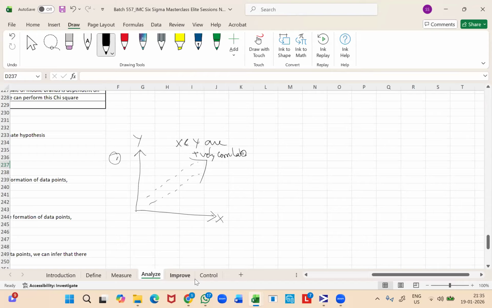What are the examples that we can give for positive correlation? Say, experience levels of the associates and the quality levels or the accuracy levels. It's a known fact, a common logic, that if an employee gains more experience working in a process, the employee would obviously gain more expertise and commit a lesser number of errors.